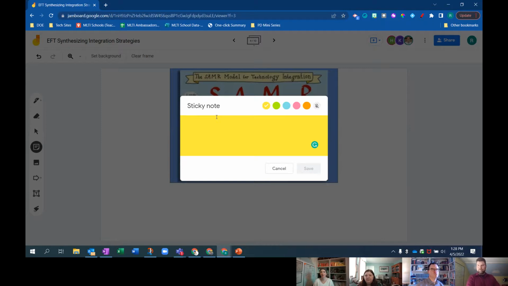This is definitely the first and probably the only model that I was ever introduced to as a classroom teacher. So when I started this position, this was the model that I knew the best. And one of the things I have learned that I didn't necessarily understand as a classroom teacher is that it's not a hierarchy.